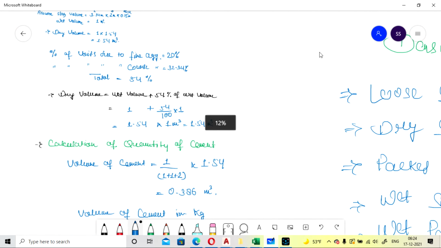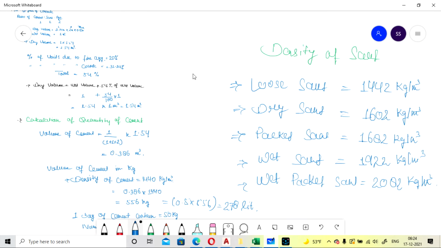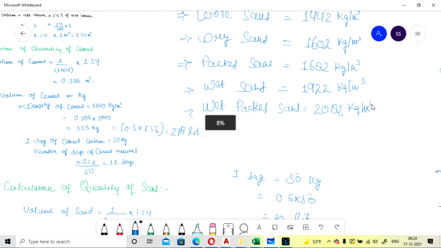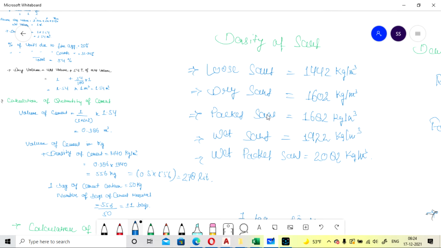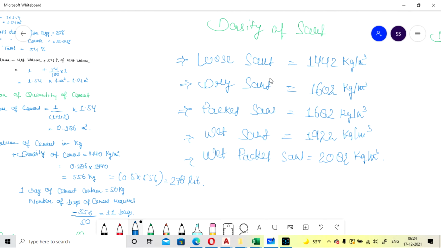Now we are going to see how much the density of sand will vary if you don't have any accurate data. It will depend on the type of sand only. If you are going with loose sand, the density will come as 1442 kg per meter cube. For dry sand it is 1602 kg per meter cube.